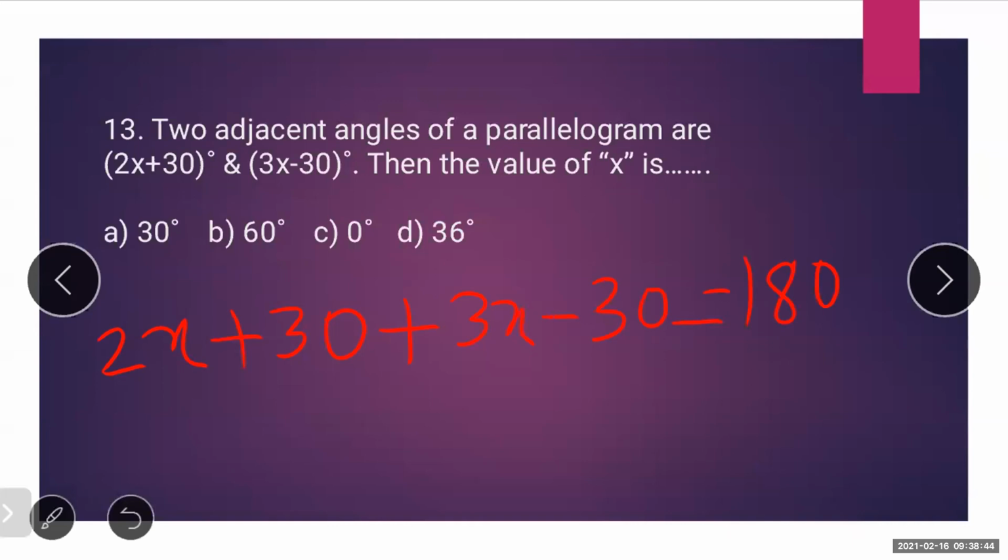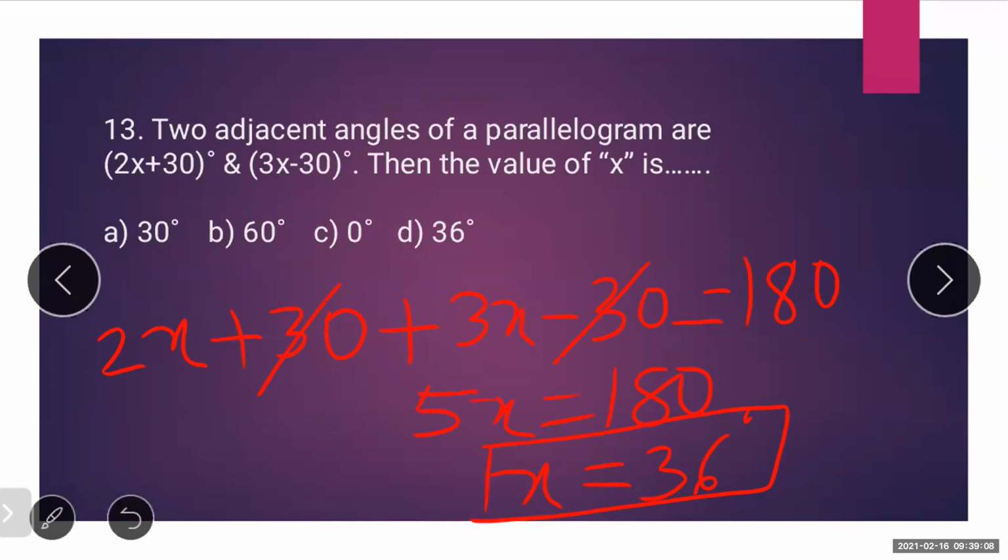So this plus 30 and minus 30 will get cancelled. What remains? 2x plus 3x, which is 5x, is equal to 180. So the value of x will be 36 degrees.